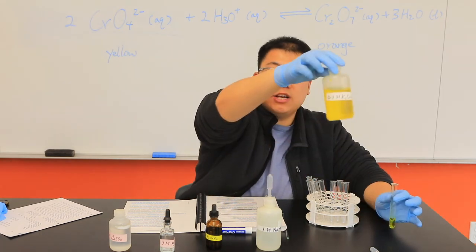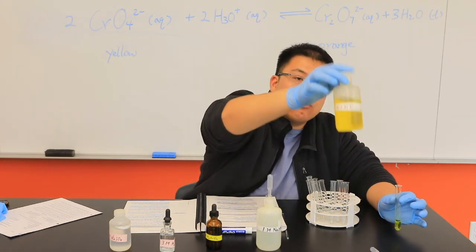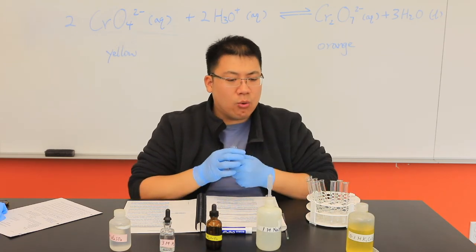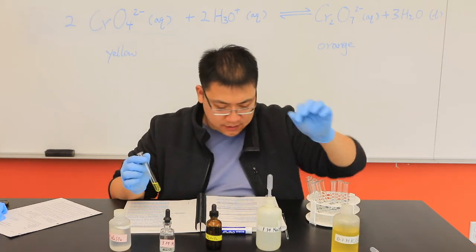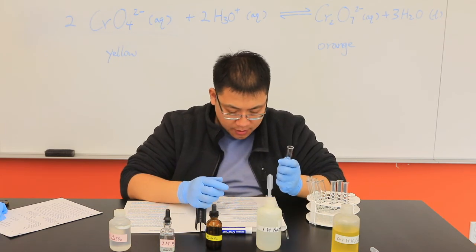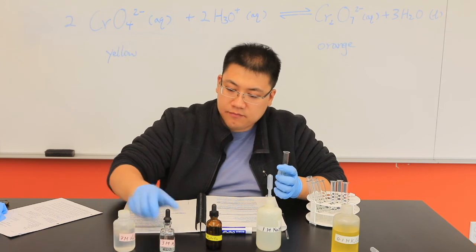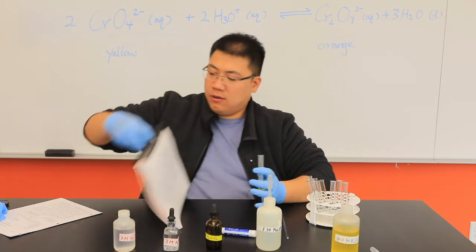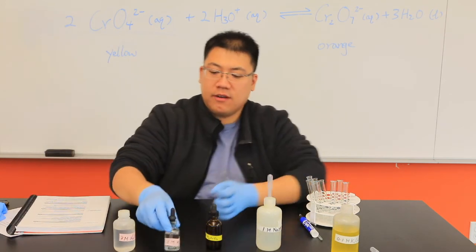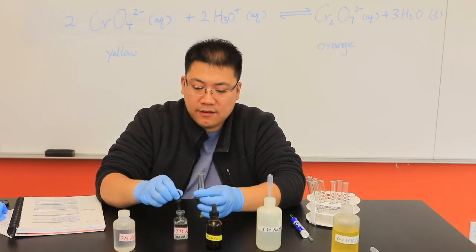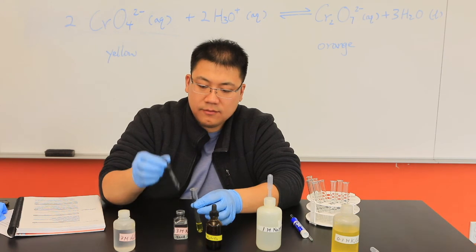Please make an observation of the potassium chromate solution. You will need to have this recorded in your data sheet. Then I'm going to start adding the acid. I'm going to add sulfuric acid dropwise.